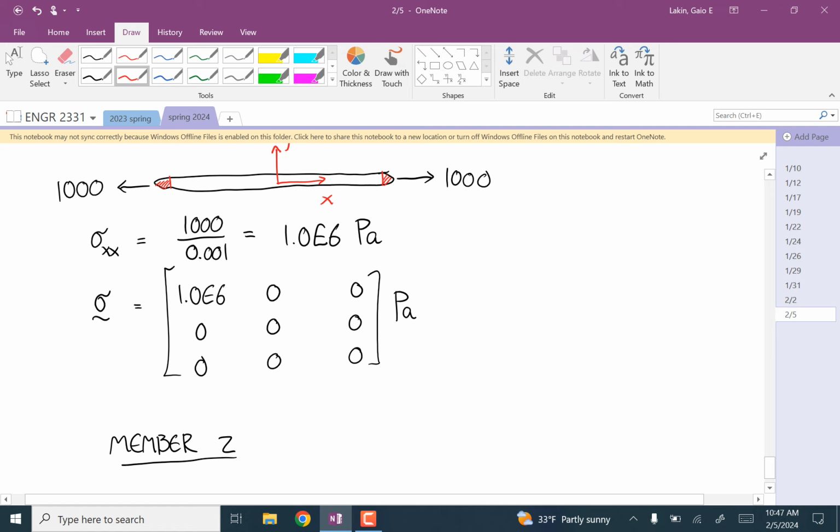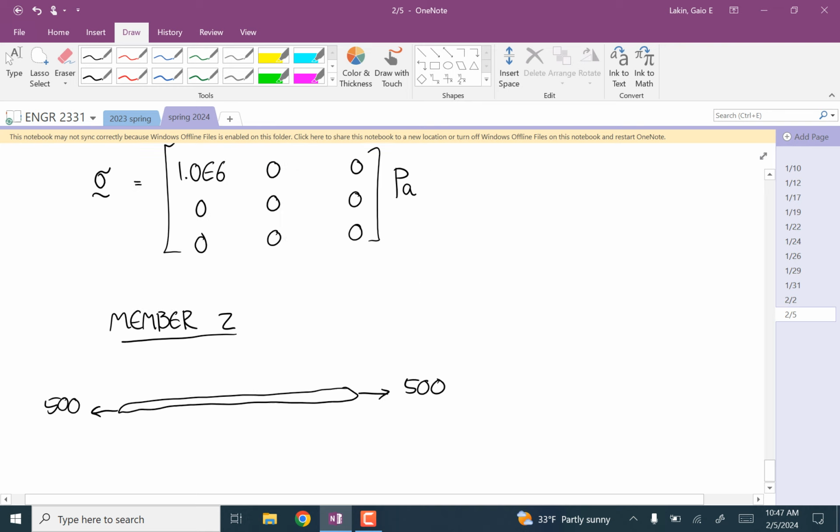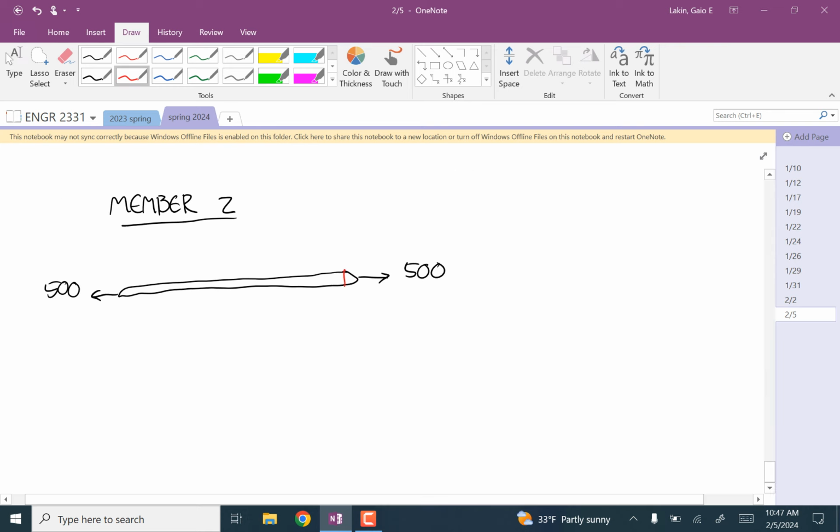So don't trust your answers there, but everywhere else in here, this is the stress tensor, because of St. Venant's principle. For this one, again, ignore the ends. The stress is 500 divided by 0.001. And so the stress tensor for points away from the ends is 5.0 times 10 to the 5th, 0, 0.